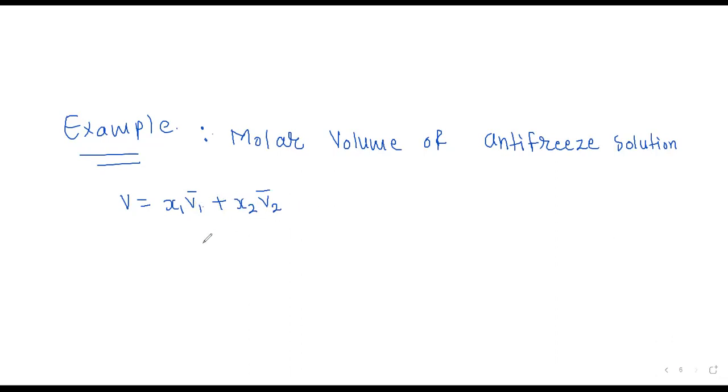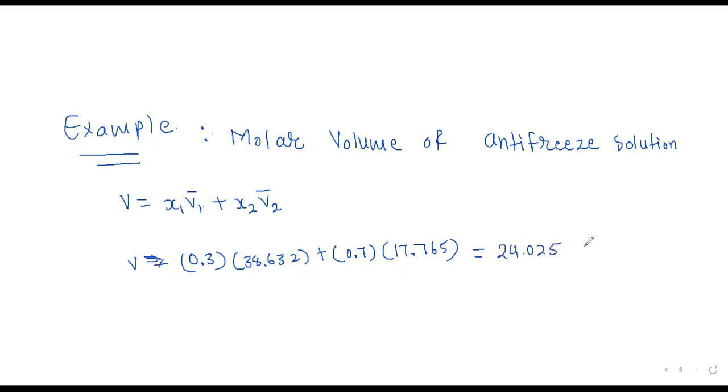So the molar volume V is equal to x1, which is 0.3, V1 bar is given as 38.632, x2 will be 0.7, so V2 bar is 17.765. Okay, so once we calculate, the molar volume is 24.025 centimeter cube per mole.